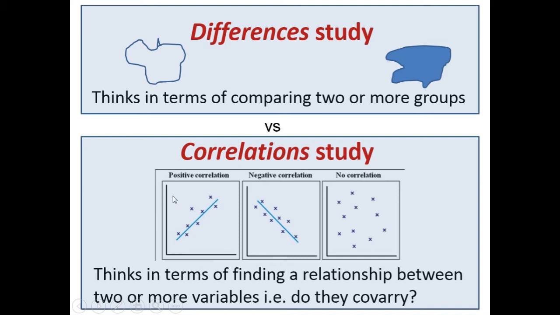That is, if one increases, the other increases, something like that. So either you have positive correlation or negative correlation, or no correlation at all if the data set is dispersed like this. So you can have these two major categories of statistical projects.